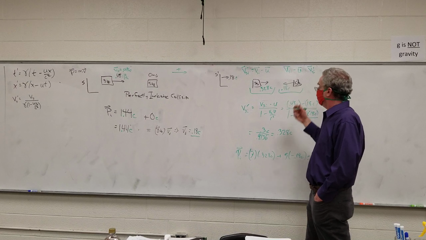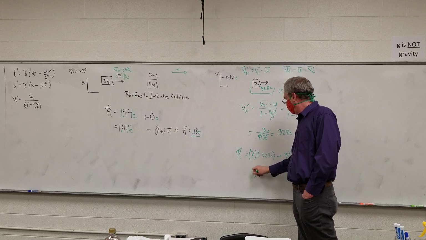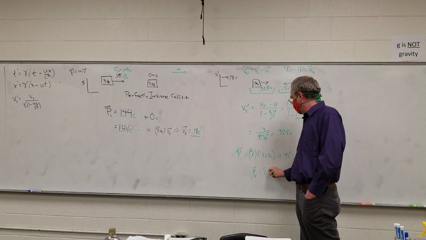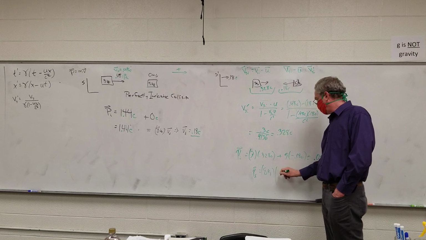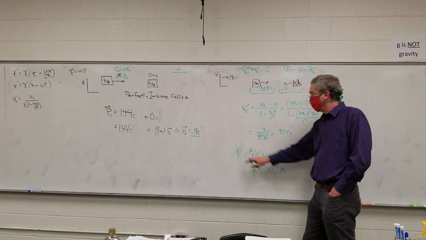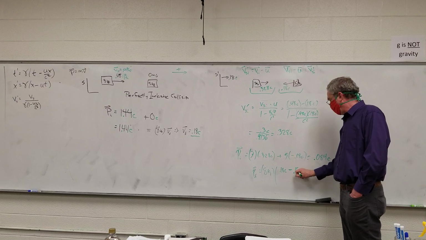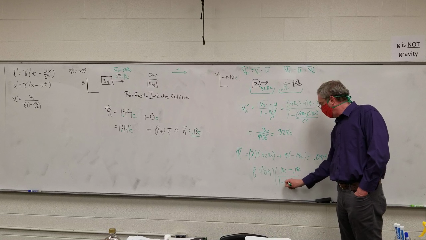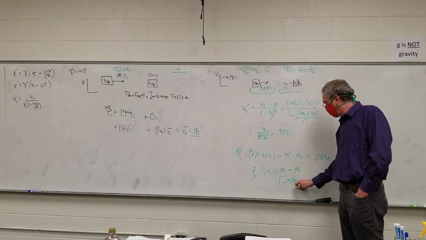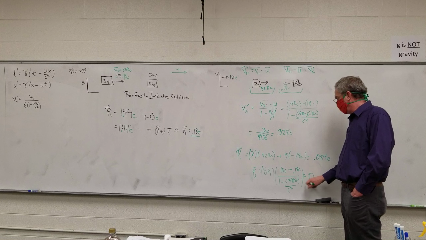We're just subtracting 0.18. So P final would be the 8 kilograms times my velocity shift there, which is 0.18 c, minus how fast it's going, 0.18 c, divided by 1 minus 0.18 c times 0.18 c over c squared, and that whole thing is 0.